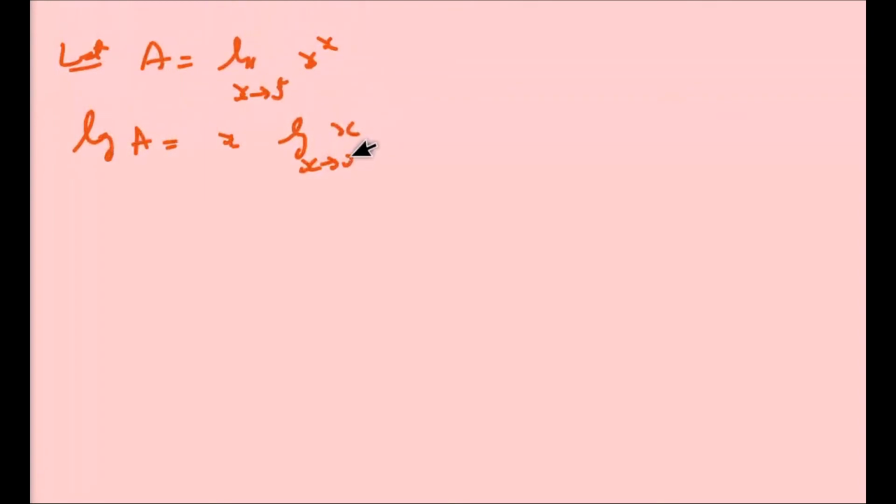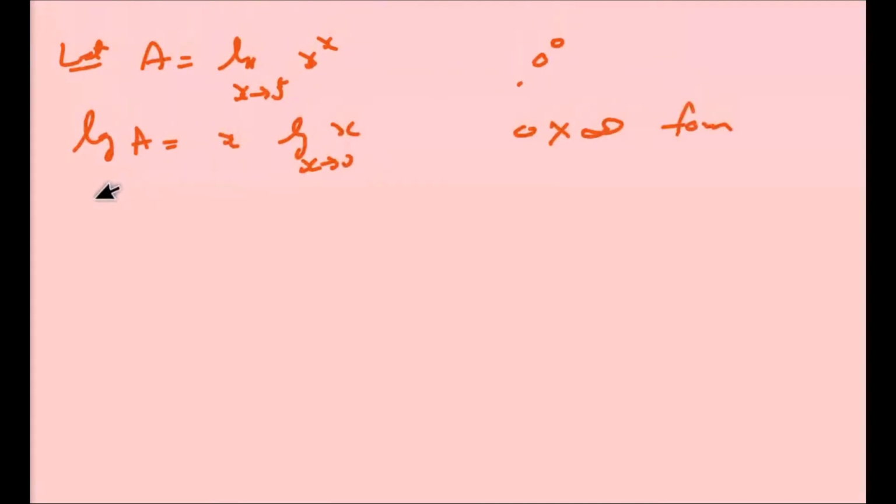So log 0 is infinite and x is 0, so it is 0 into infinite type. If we put directly here, 0 to the power x to the power x, it is in the form of 0 to the power 0. Okay, now it is in 0 into infinite type.